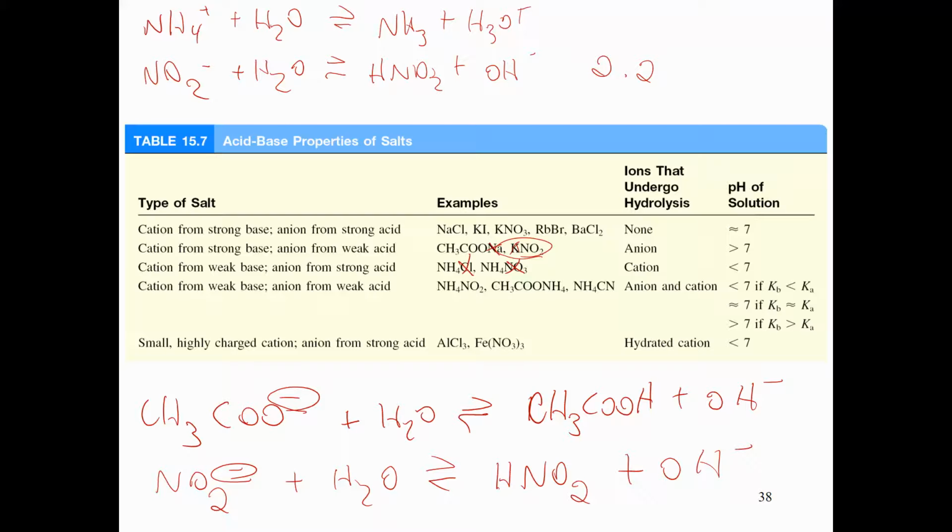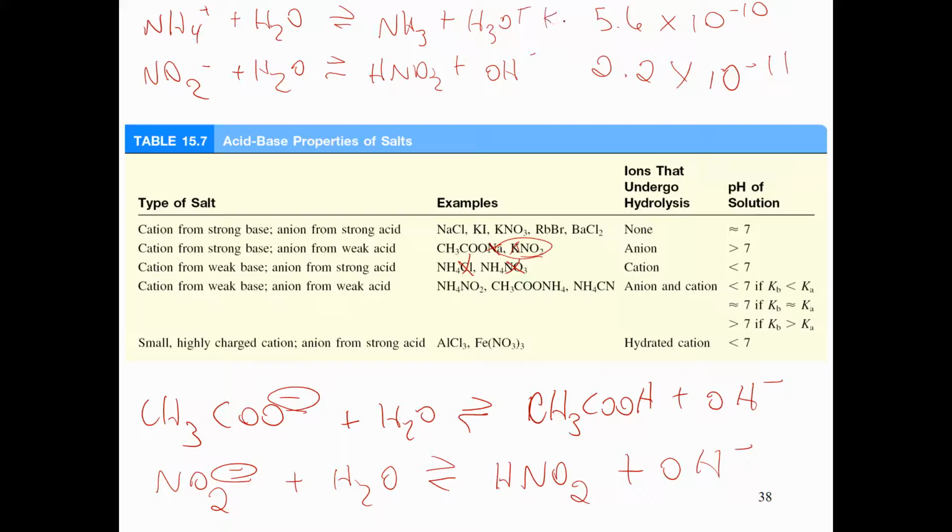So for NO2 minus here, Kb is 2.2 times 10 to the negative 11. Okay, so which one's stronger, the acid or the base? Those are the Ka and the Kb. This is the Ka.